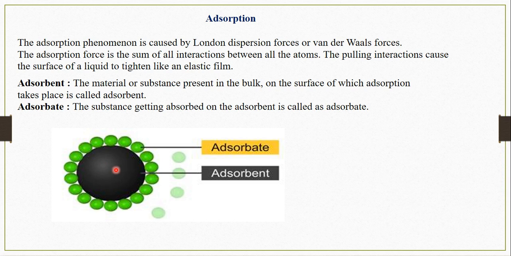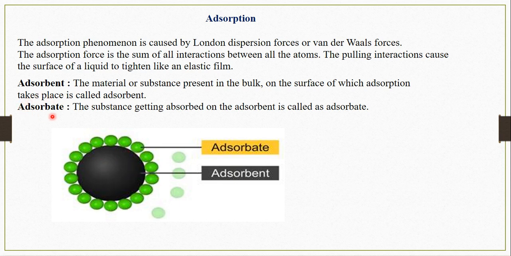So the black color is the adsorbent. It is present in the bulk and gives the surface to which the adsorbate can attach.